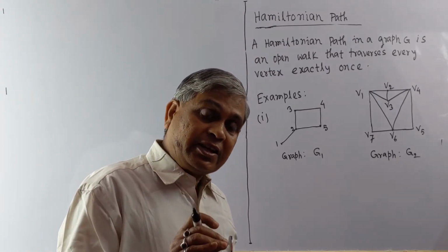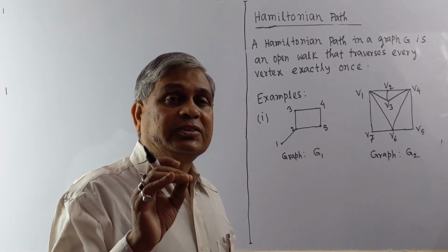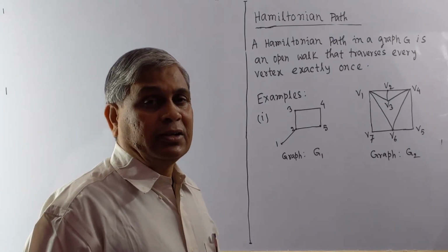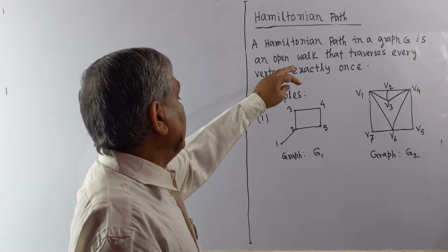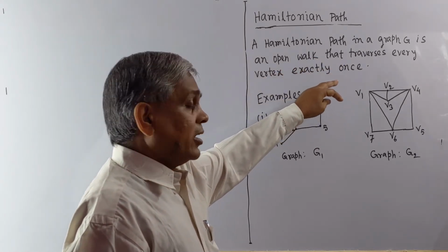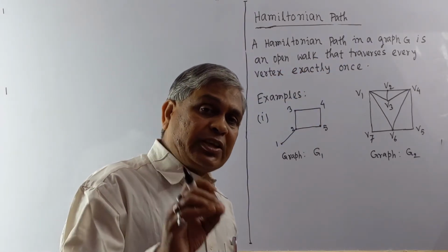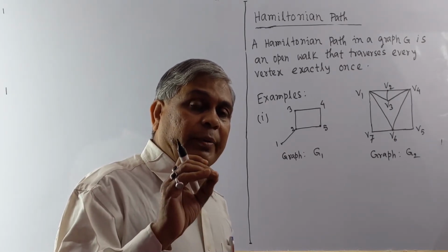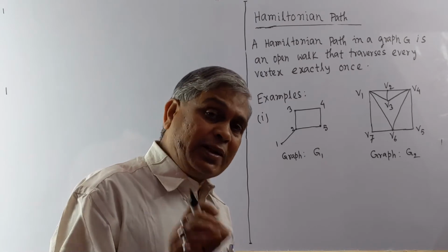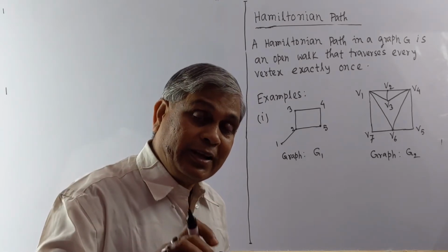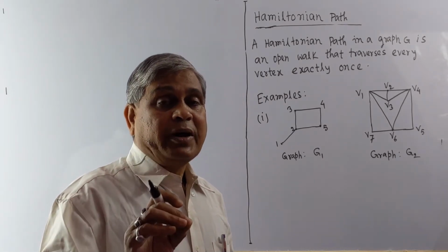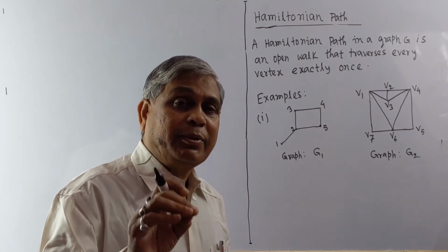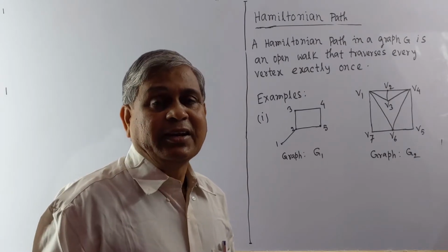In Hamiltonian circuit, we consider a closed walk. Here we take an open walk. In both cases, we traverse every vertex exactly once. But in the case of Hamiltonian circuit, the starting vertex and end vertex is repeated.